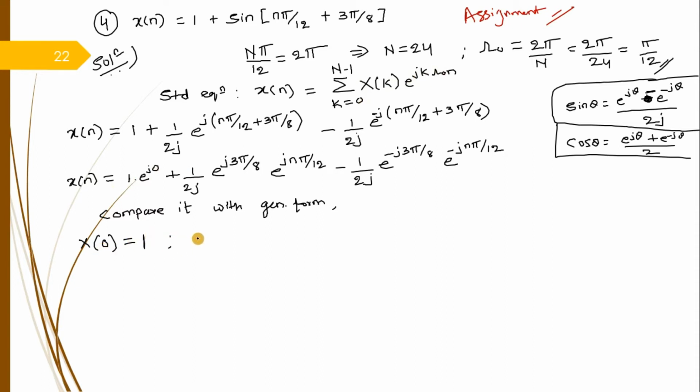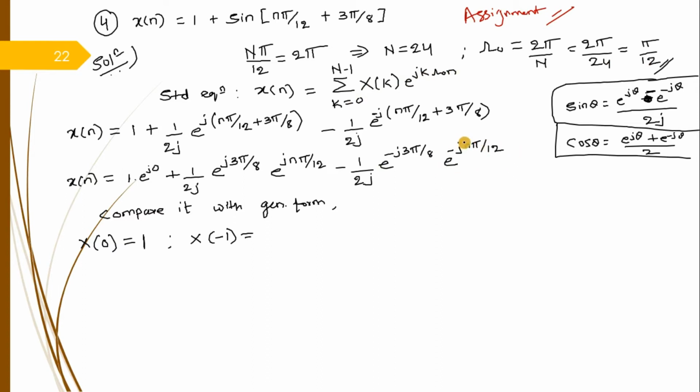Now similarly, at k is equal to minus 1, what happens? Just check. If I supply k is equal to minus 1, this will give you e raised to minus j omega naught, which means pi by 12 n. E raised to minus j pi by 12 n. Where is it?